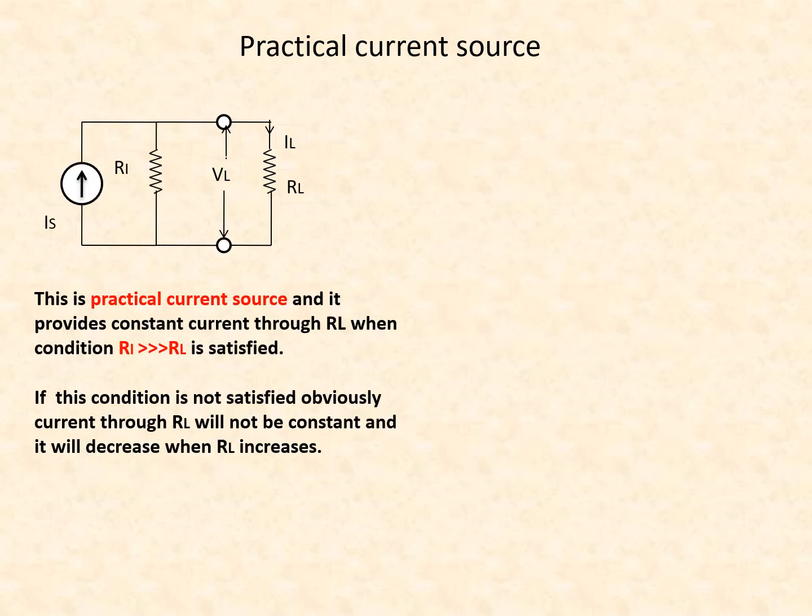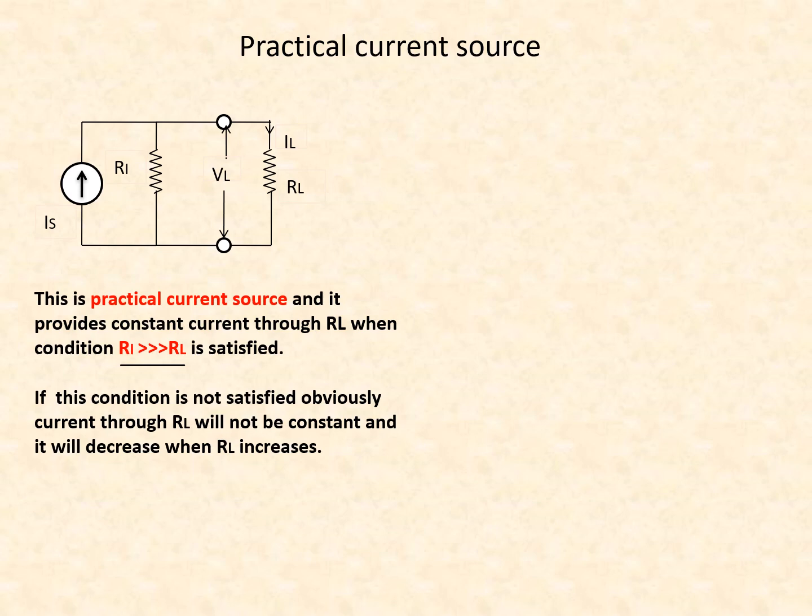Practical current source is shown in the figure. It provides constant current through RL when condition is satisfied. Already condition we know. When Ri is very much greater than RL, then circuit acts as a constant current source.